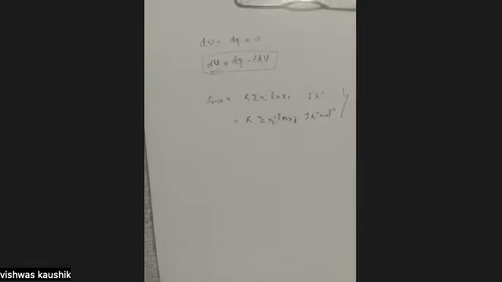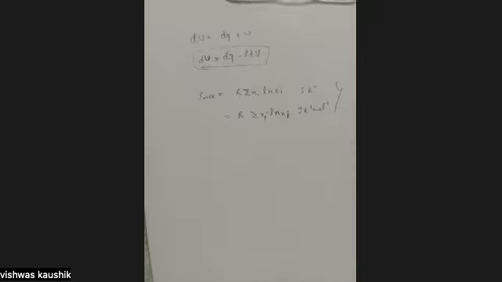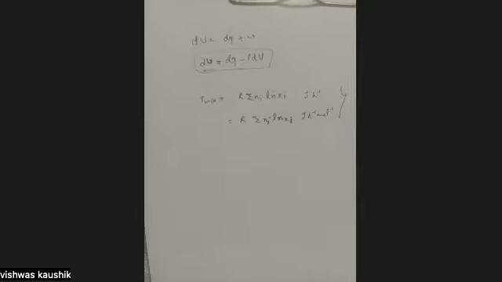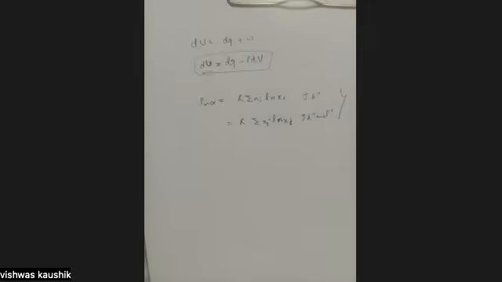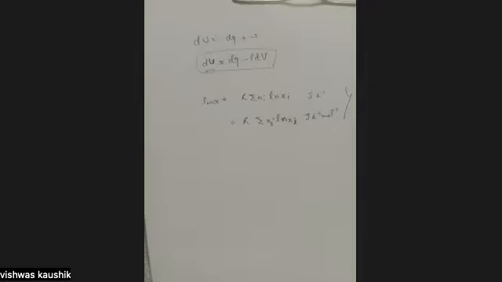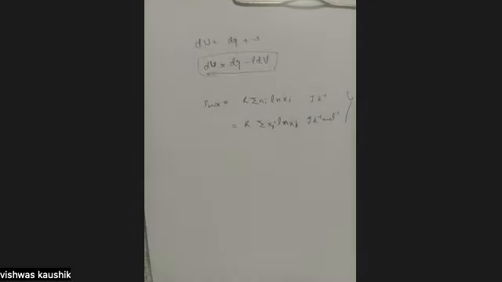And sir, the limitation of the first law of thermodynamics is that it doesn't give any information about the spontaneity of the process, and it also fails to explain the direction of heat. And for the second law of thermodynamics, one limitation is that it is applicable only to closed systems.